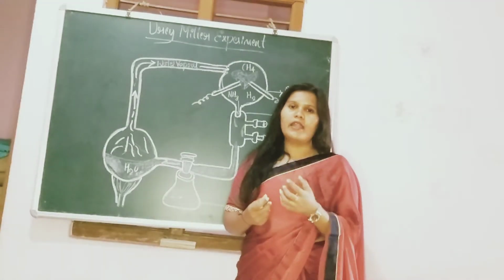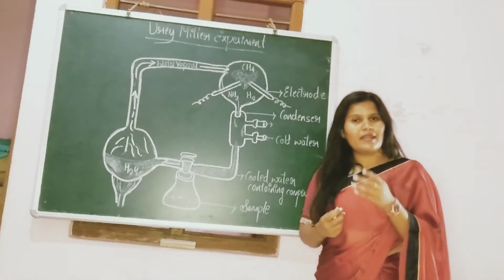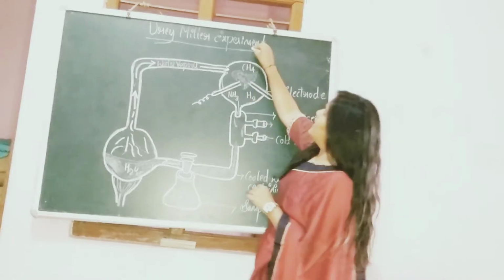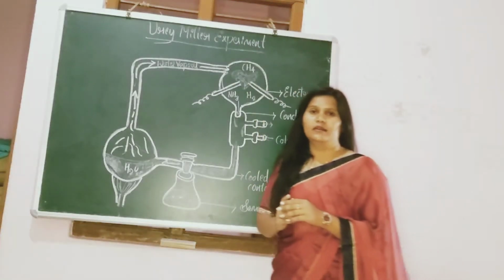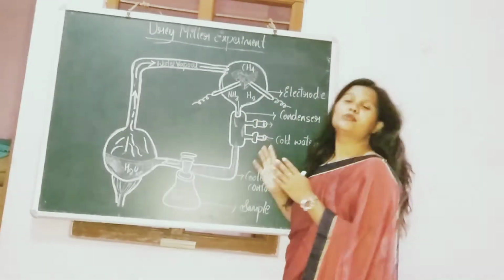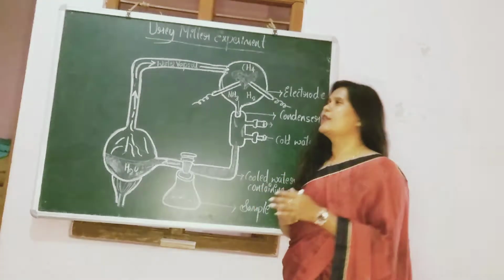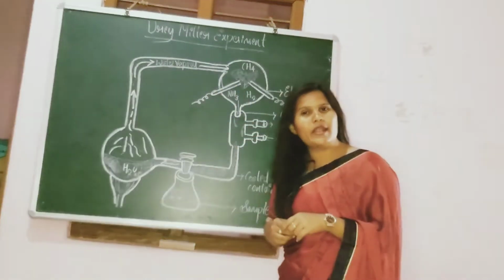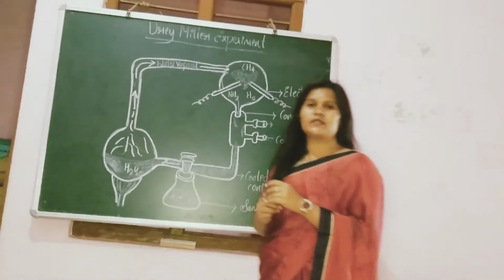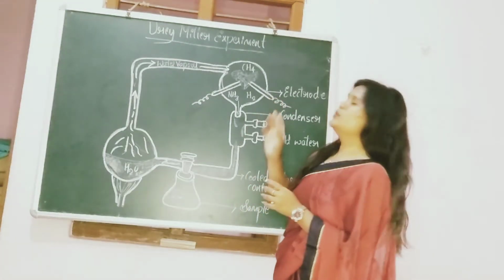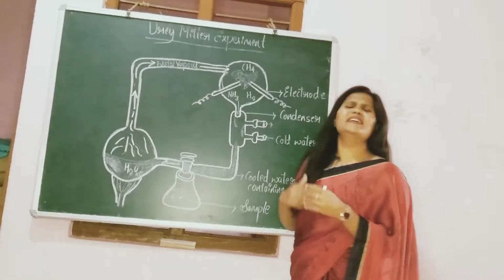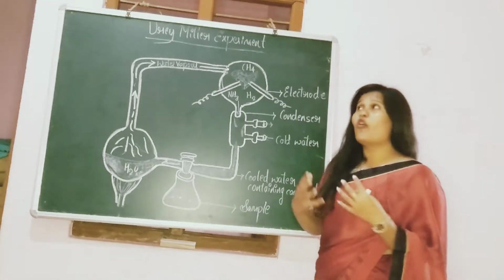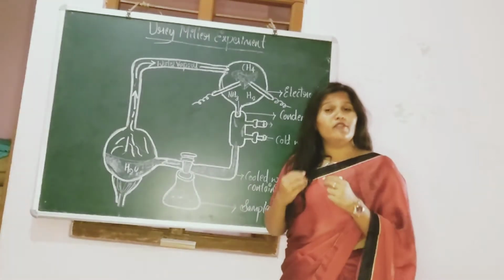So to prove the Urey and Miller theory, the scientists Urey and Miller, these two, a professor and a student, where Miller was the student and Urey was a professor cum scientist, thought of proving that evolution theory.